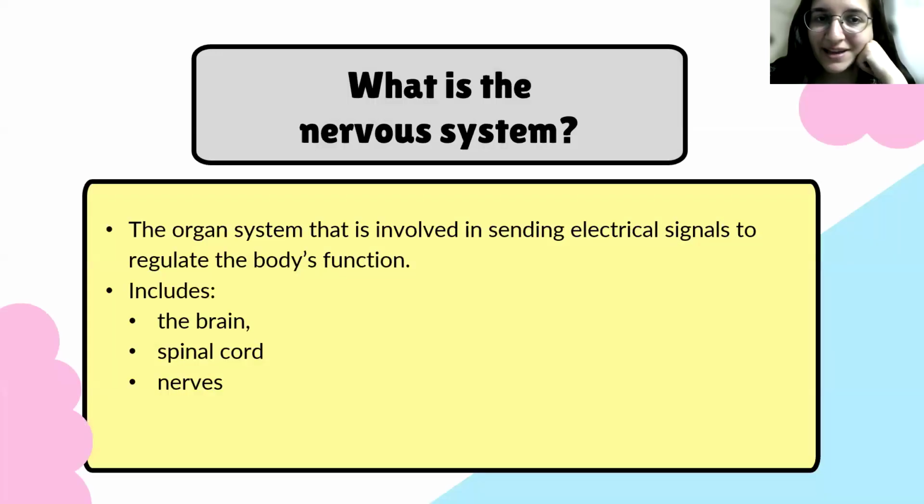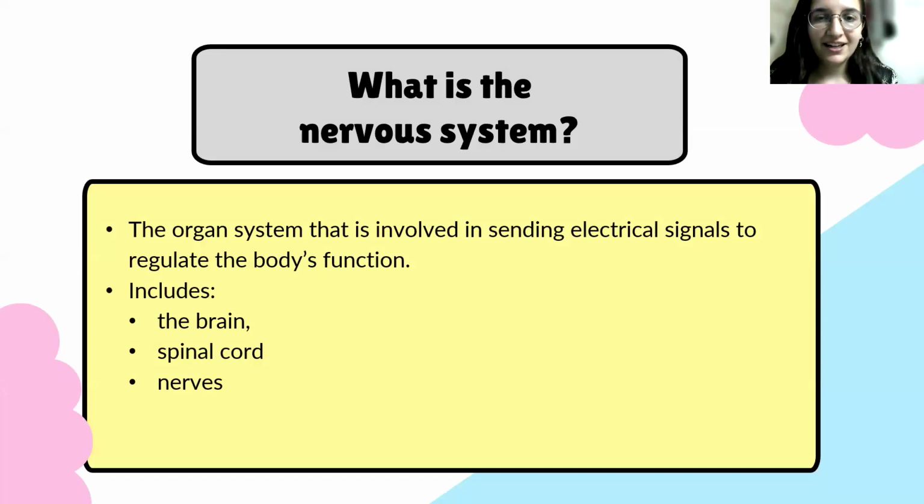So the basic question: what is the nervous system? The nervous system, again, is an organ system. We've been studying a few by now. And this system involves sending electrical signals to regulate the body functions. This system is quite interesting, isn't it?